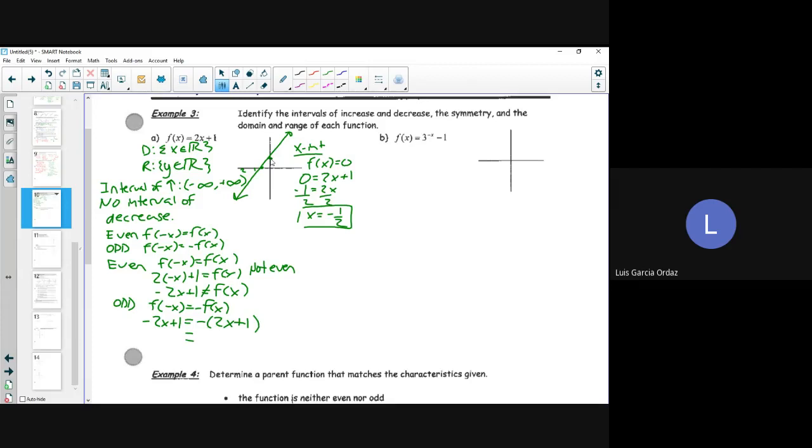Are those going to be equal to each other? No. Because on the right side, you're going to have negative 2x minus 1. So therefore, this is not odd, which means that there is no symmetry.